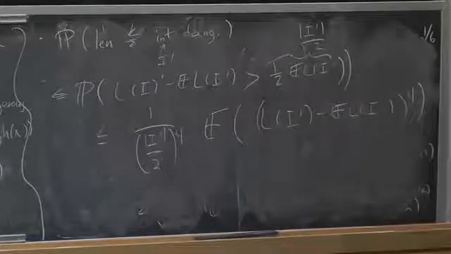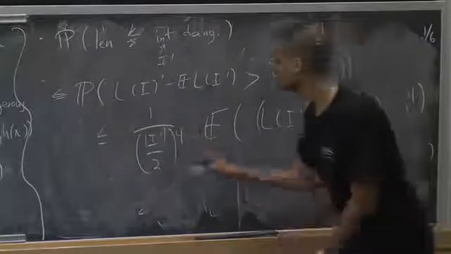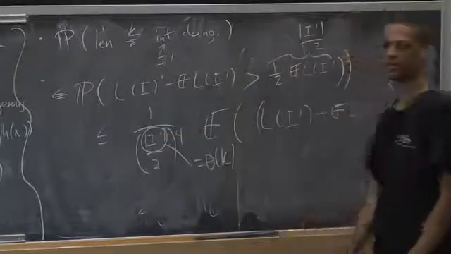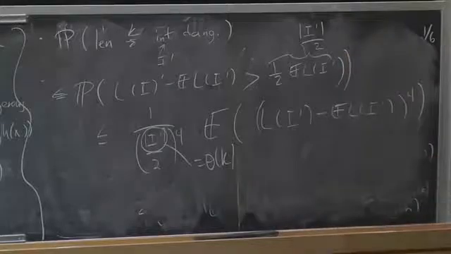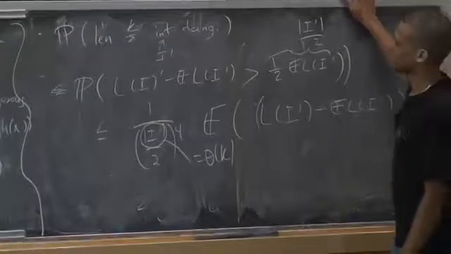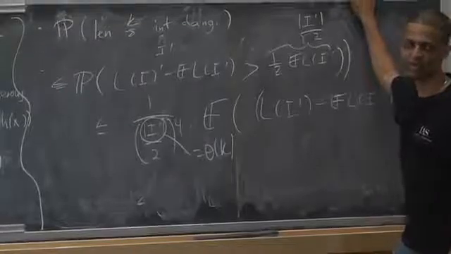And you argue about this the same way, you'll get something that looks like the length of I prime squared. And remember, this guy here is theta k. So here you're going to get 1 over k squared. OK. So I feel like there must be questions.